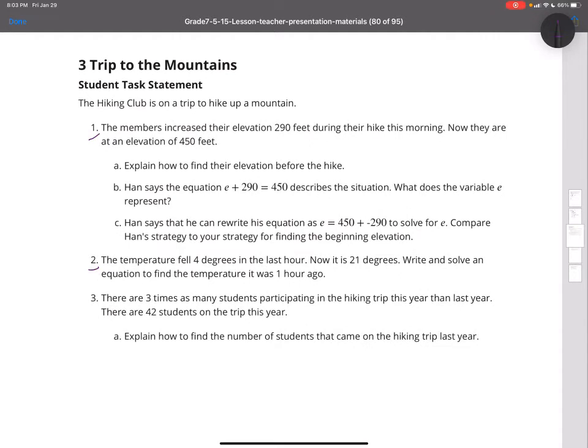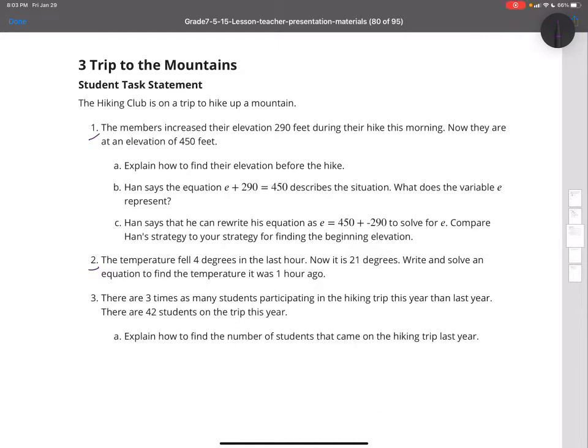It says the hiking club is on a trip to hike up a mountain. The members increased their elevation 290 feet during their hike this morning. Now they're at an elevation of 450 feet. Part A. Explain how to find their elevation before the hike. Part B says Hans says the equation E plus 290 equals 450 describes the situation.